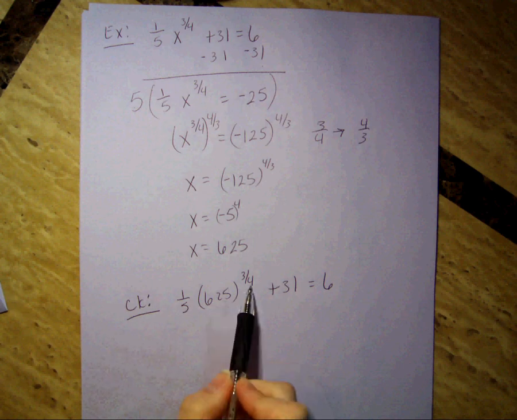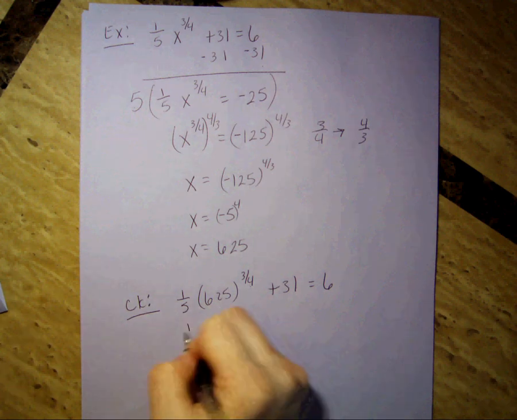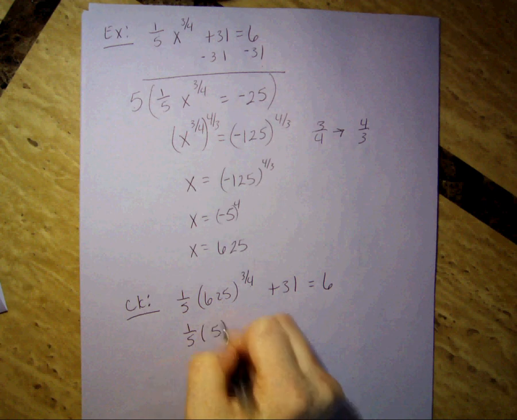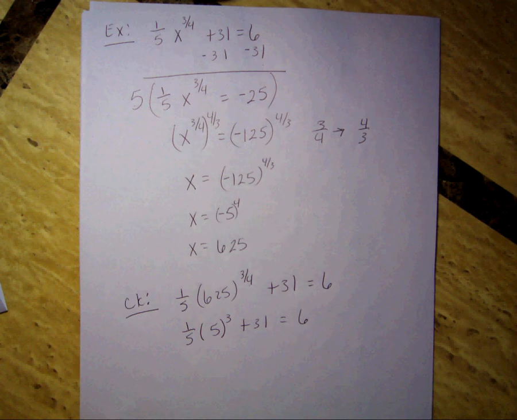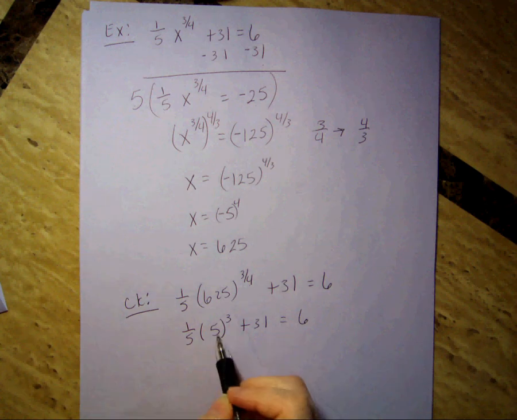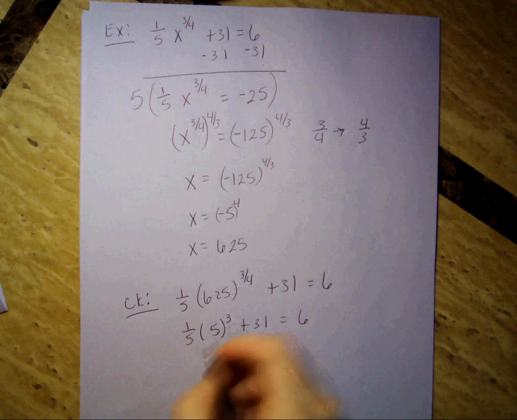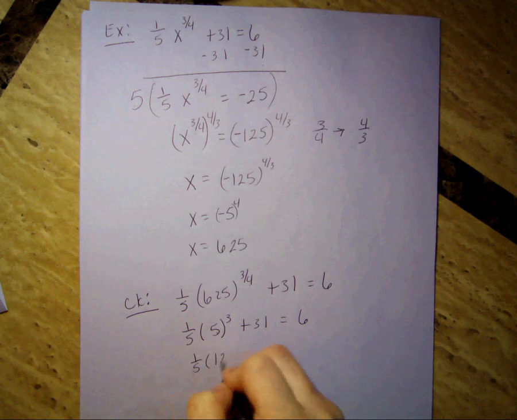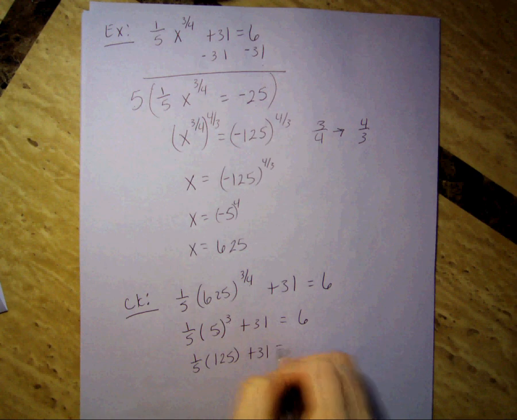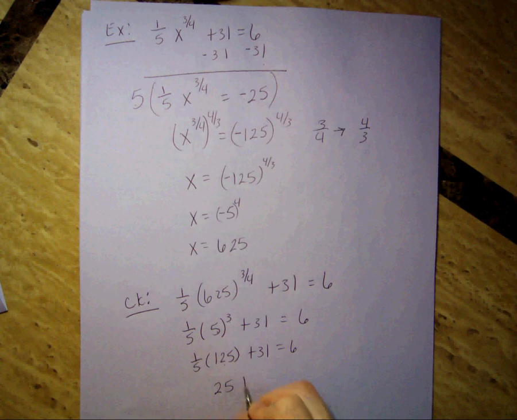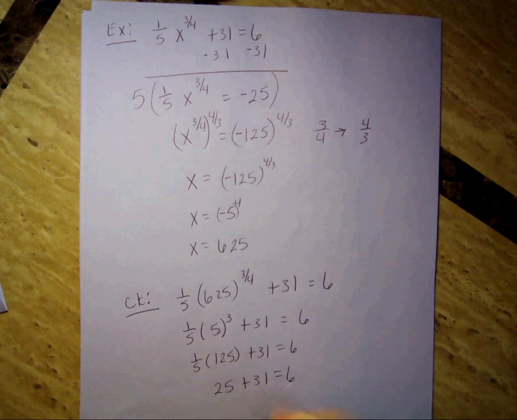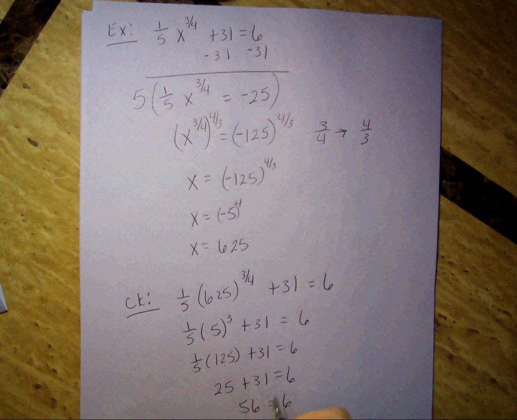So the 4th root of 625 is 5, so 1/5, 5 to the 3rd plus 31 equals 6. 5 to the 3rd power is 125, so 1/5 times 125 plus 31 equals 6. 1/5 of 125 is 25, so 25 plus 31 equals 6, and that is not right.